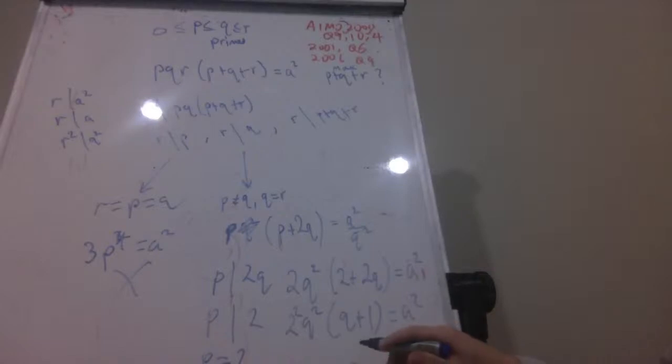So what are some squares? So let's see: 1, 4, 9, 16, 25, 36.